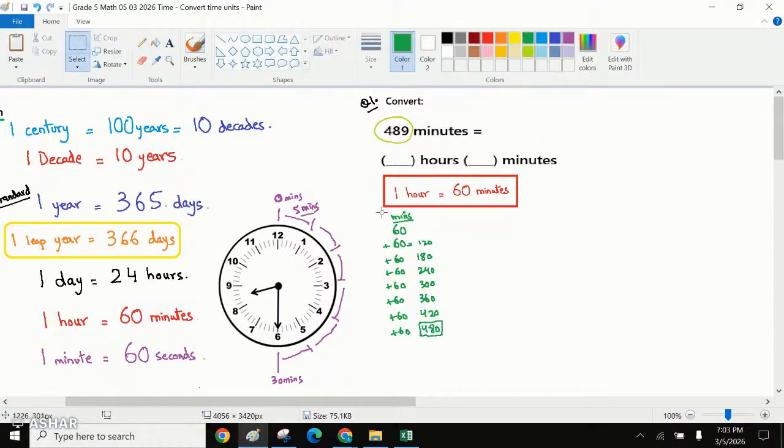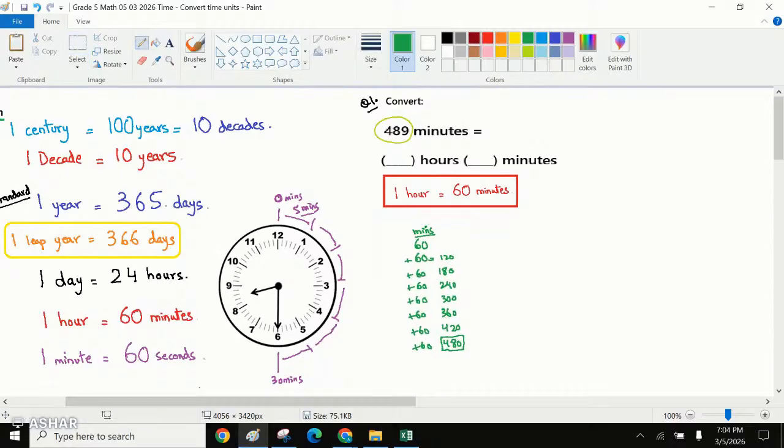So these were the minutes given to us. I'll give you an easy way also. Let's see how many hours would be there. 1 hour, 2 hours, 3 hours, 4, 5, 6, 7, and 8. Agreed? So we can say 8 hours and 489 minus 480.